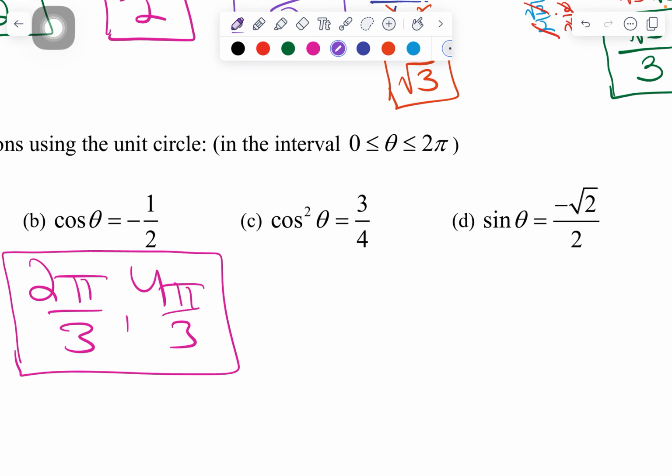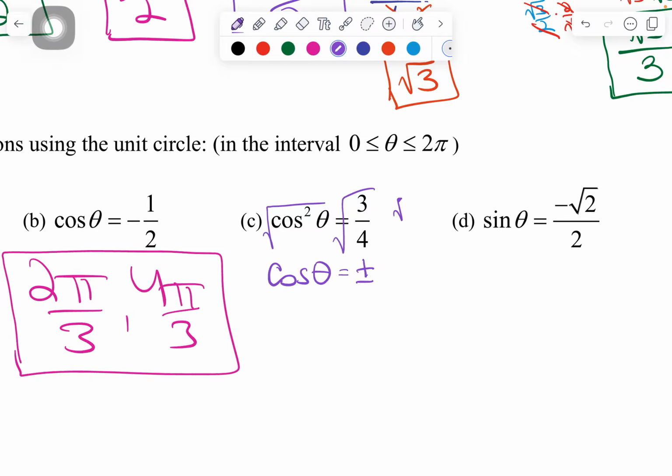Now, part C, we have to do one step first before we can actually go look for the unit circle. We need to get rid of that squared, so we're going to take the square root of both sides. So this is going to be cosine of theta is equal to, and immediately I'm going to put the plus or minus in because I need to have both the positive and negative answers.